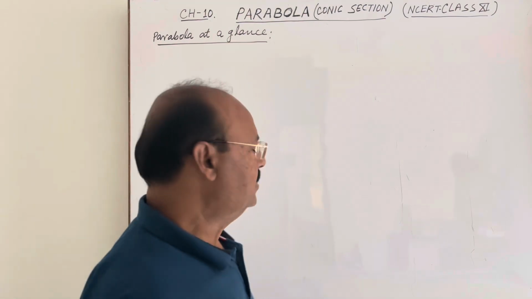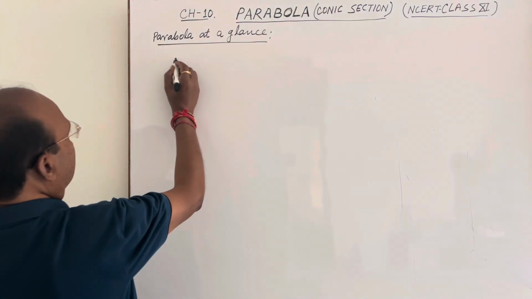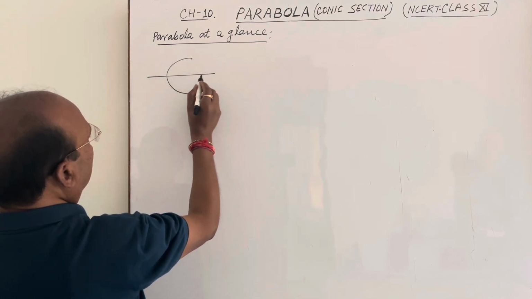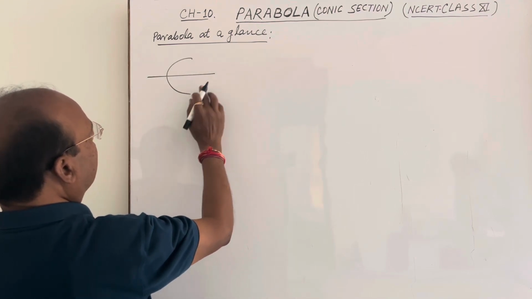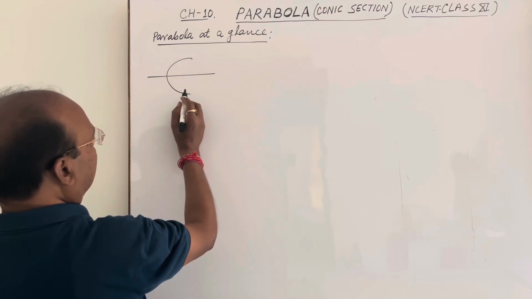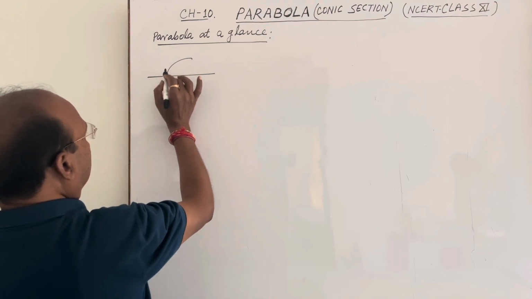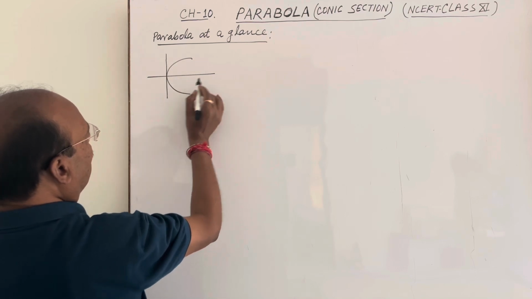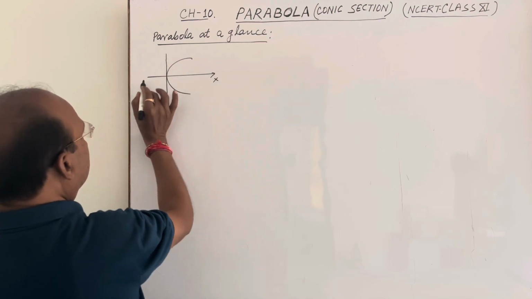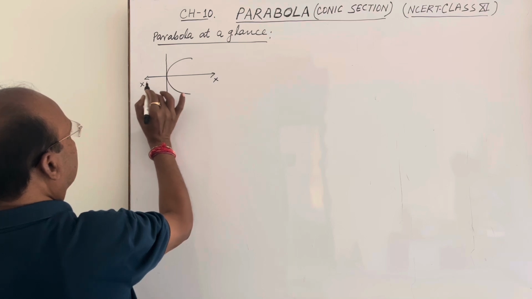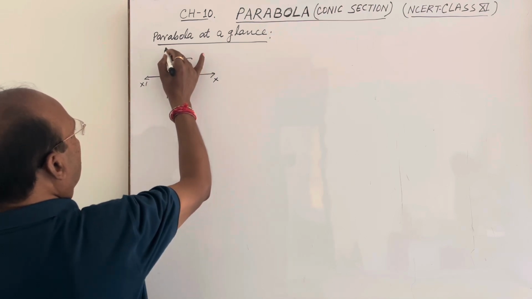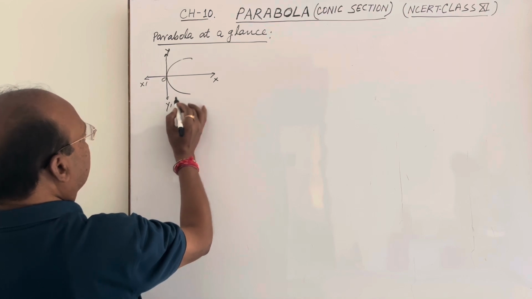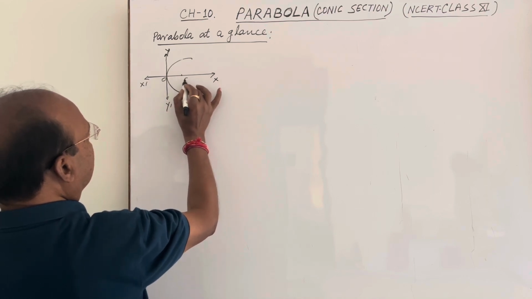First case, let us discuss this type of parabola, which is open on the right side. These are the axis system. This is x-axis, x dash, the origin is here. This is y-axis, y dash, focus is here.